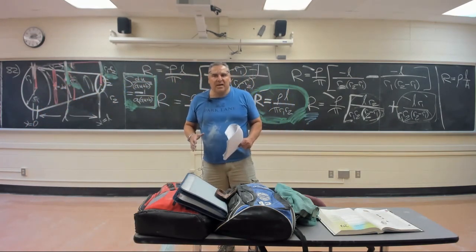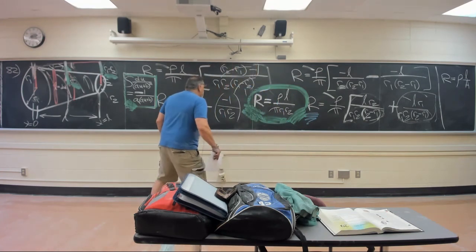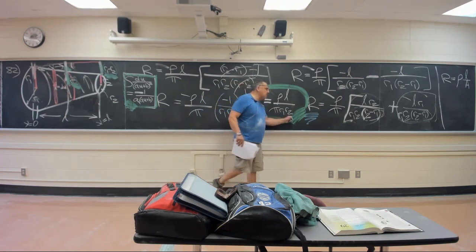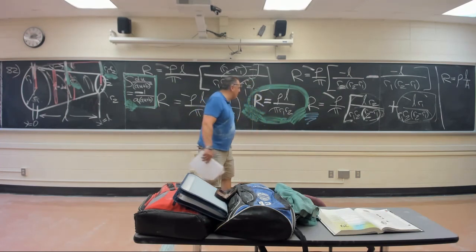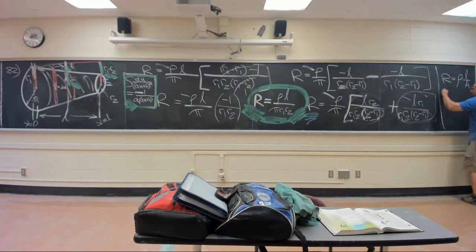Pi AB is the area of an ellipse. Here's the A, here's the B. According to the mathematics here, wow, that's pretty fascinating stuff, unexpected as well. Rho is that, L is that, and pi AB is that.